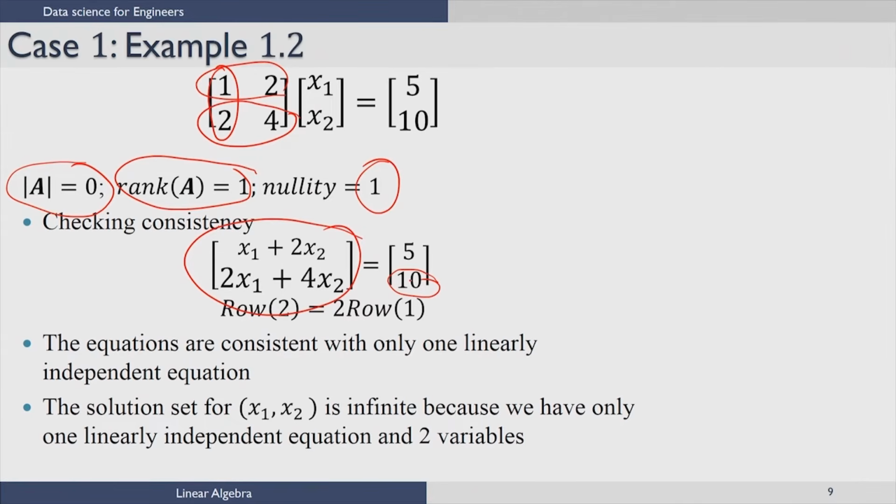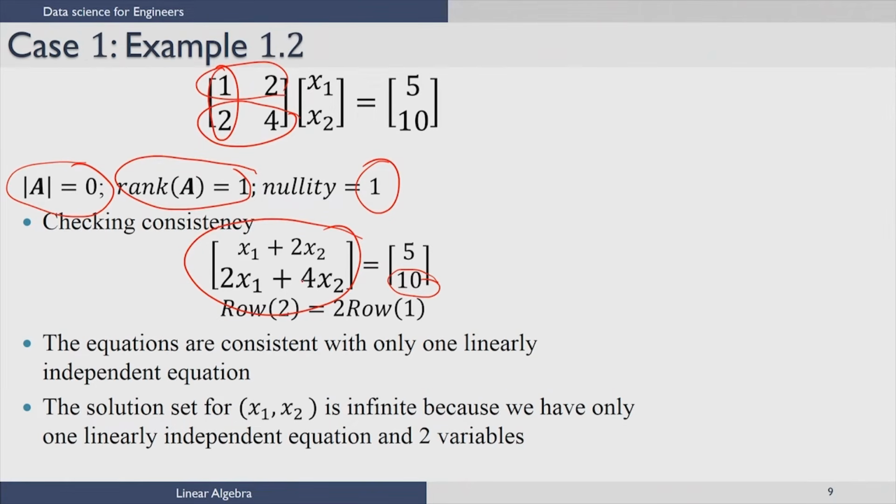In this case, we have constructed this example in such a way that we get this number. Now, not only is the left hand side linearly dependent, the same linear dependence is also maintained on the right hand side. So, as a whole, the equations become consistent, but linearly dependent on each other.